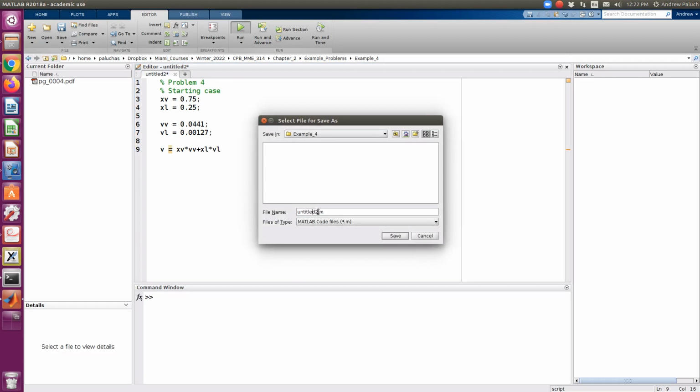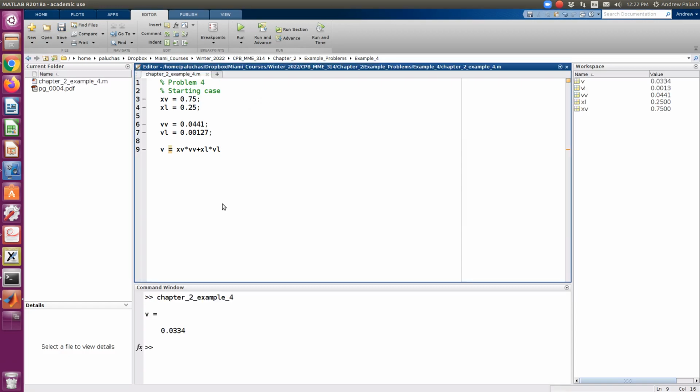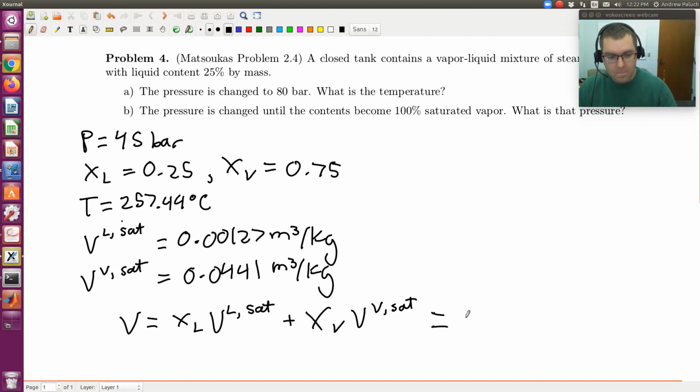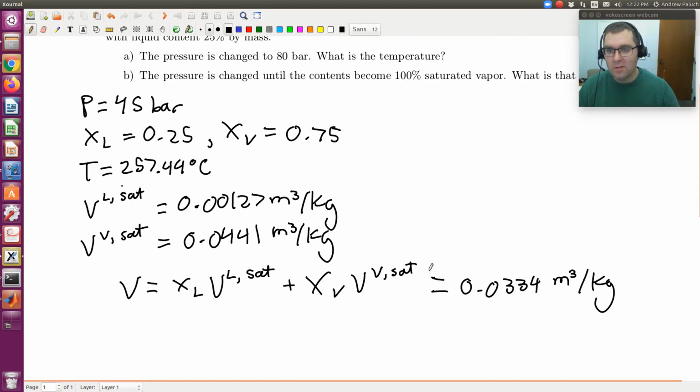So 0.0334 meters cubed per kilogram. All right, so I've got my starting system pinned down. Okay, and now we're going to move on to part A.